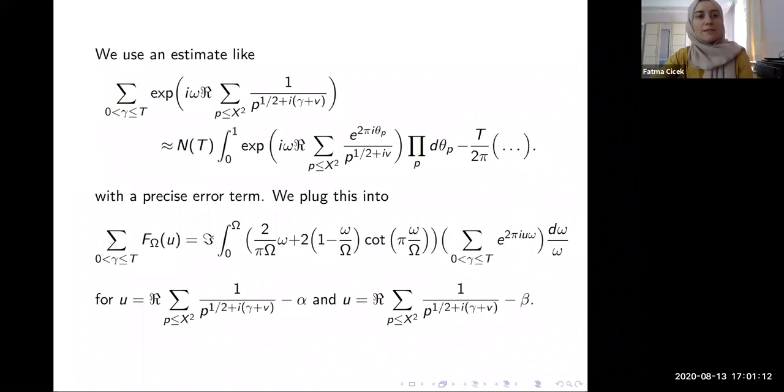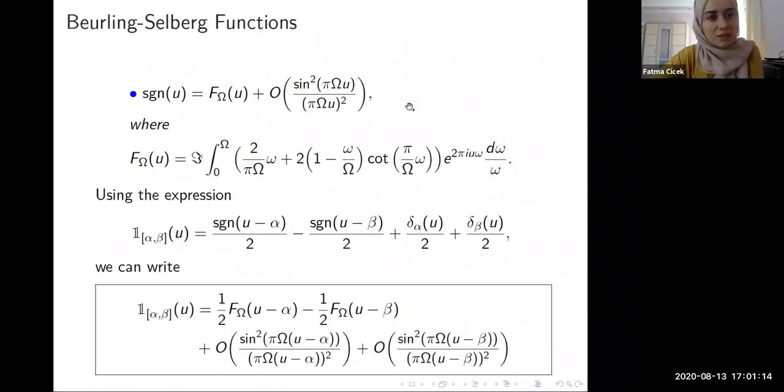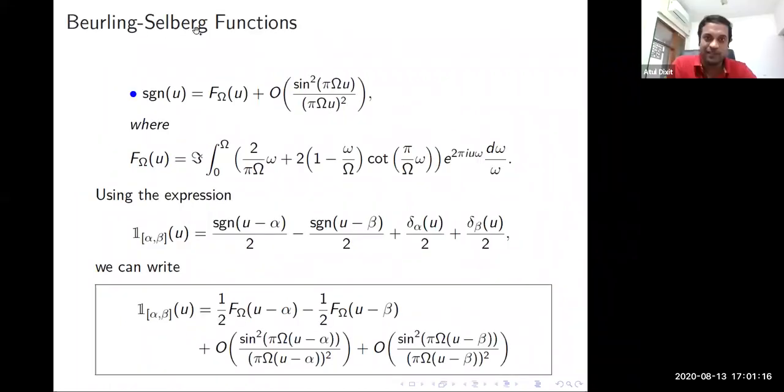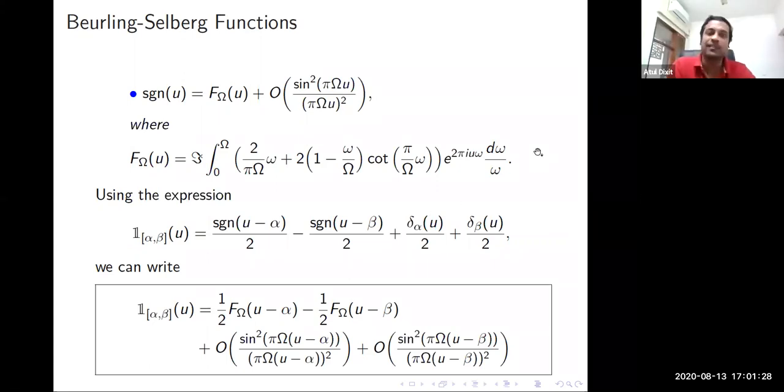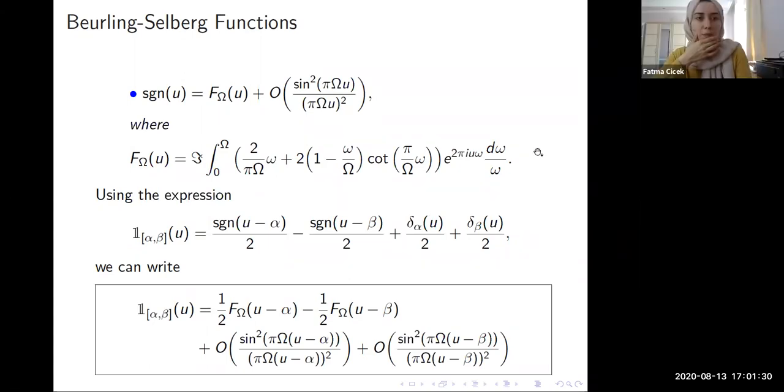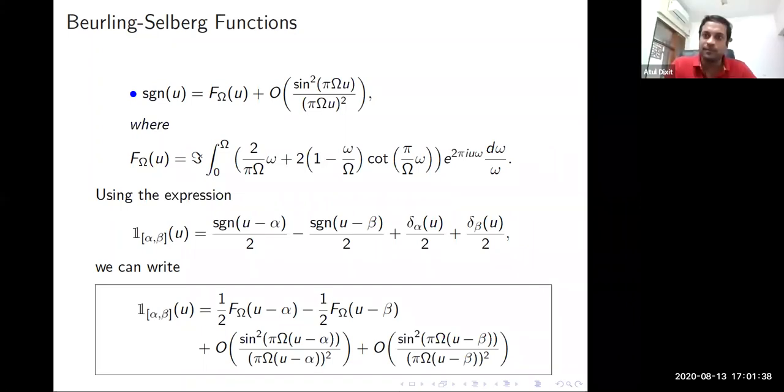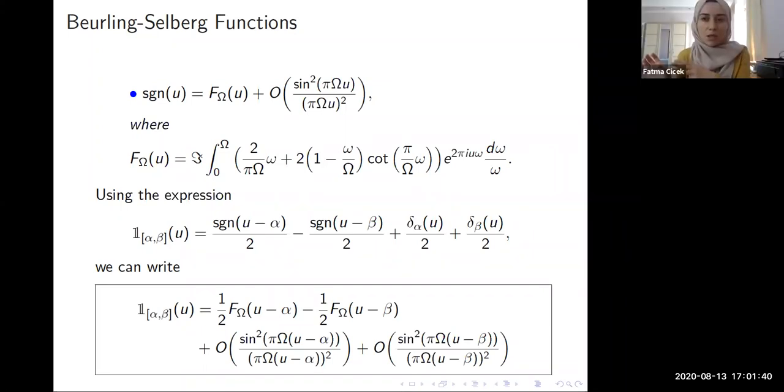So I think Beurling first came up with these in the 1930s. Then Selberg came up with these independently, and I think he didn't know beforehand that Beurling had been able to show that these functions exist. I think the way Selberg does it is by finding some optimizing function in the large sieve.